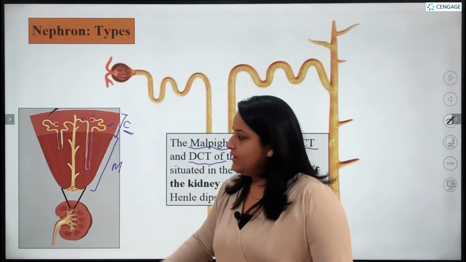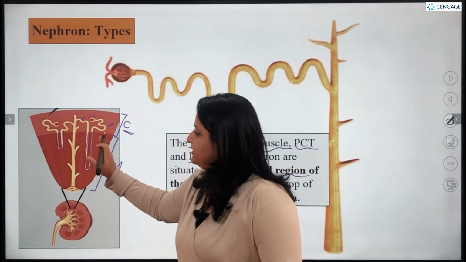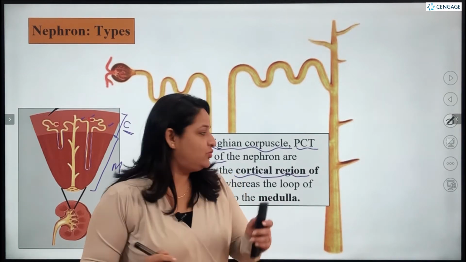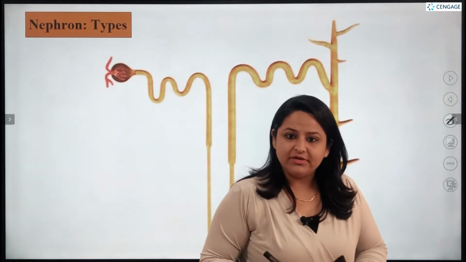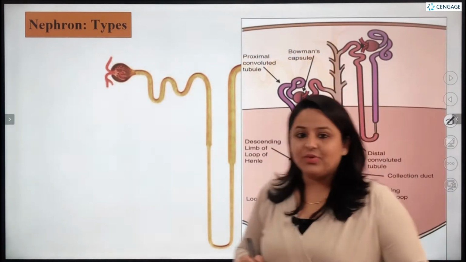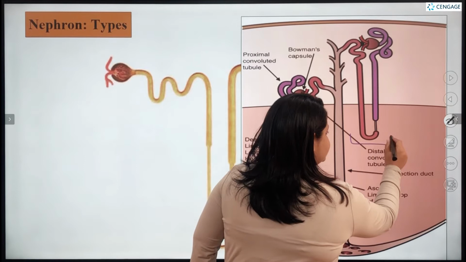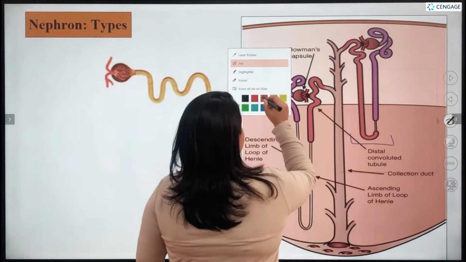Now, depending upon the positioning of the nephrons as well as their working, the nephrons are of two main types. We can see over here, number one, this is the cortical nephrons. So let's write the name over here.